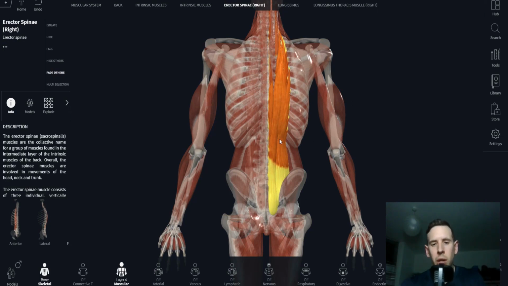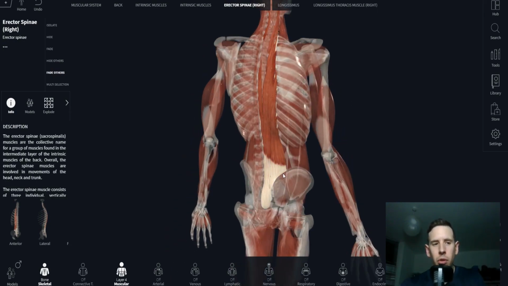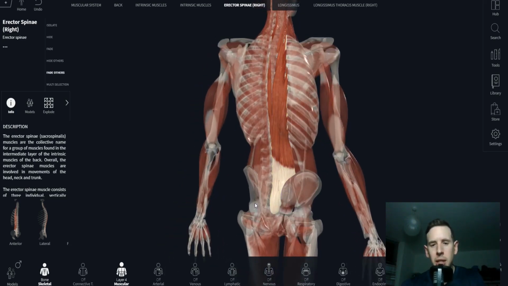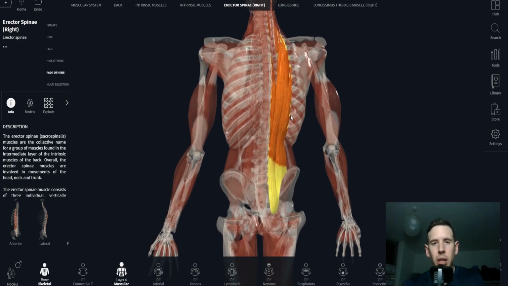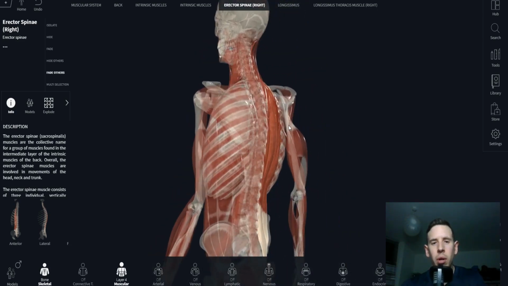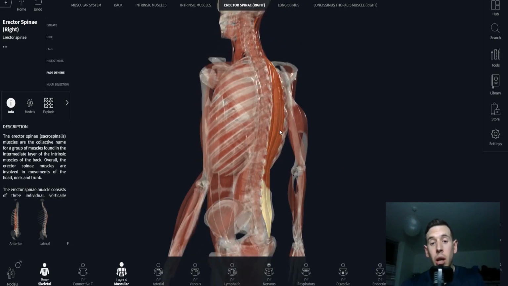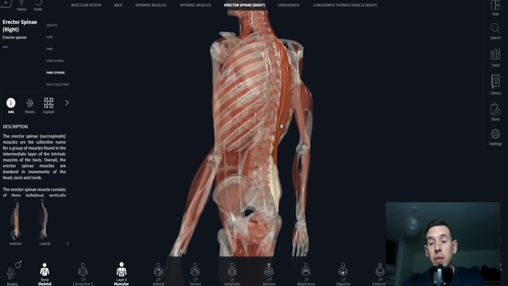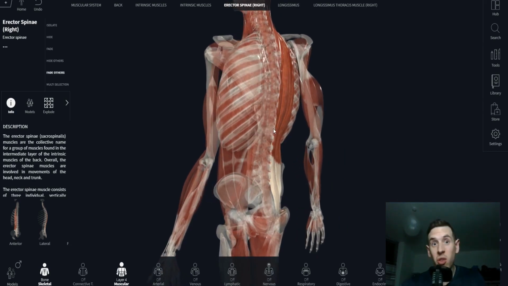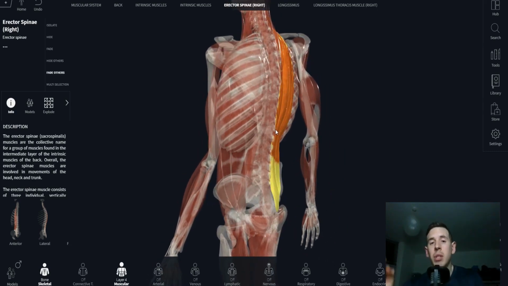So we've got that attachment into the thoracolumbar fascia again, all the way down into the sacrum, into your tailbone, and they're going to really help our spine to resist flexion, or that forward bending. So when you're doing a deadlift, or a squat or kettlebell swing or whatever, anytime you go to bend forwards, they're contracting to help maintain that neutral spine position.